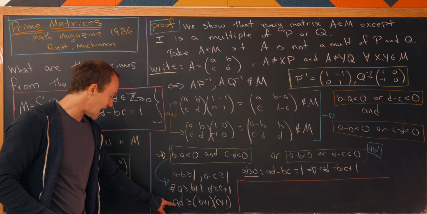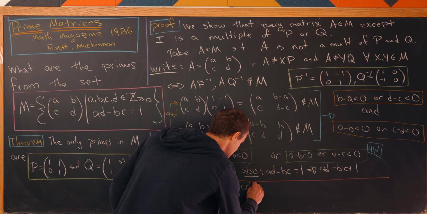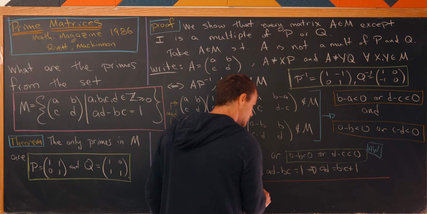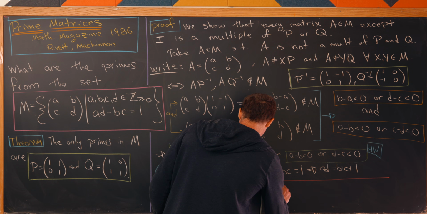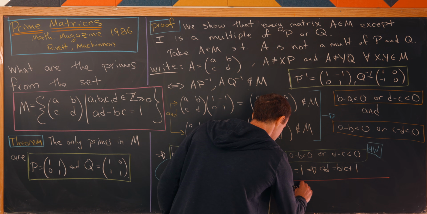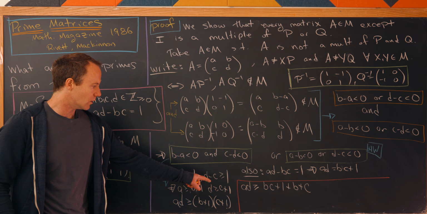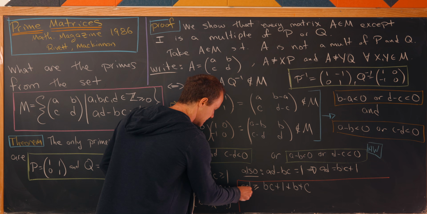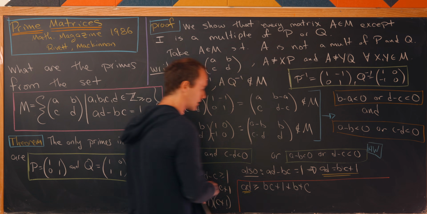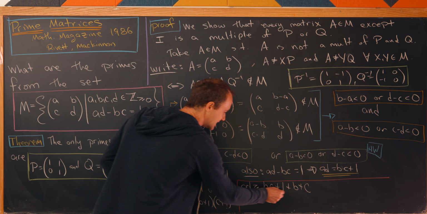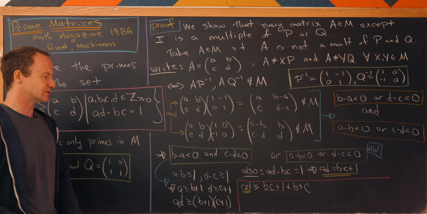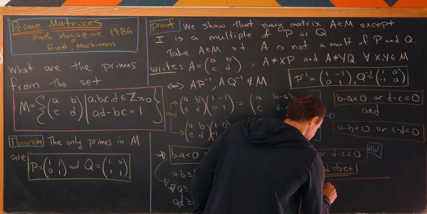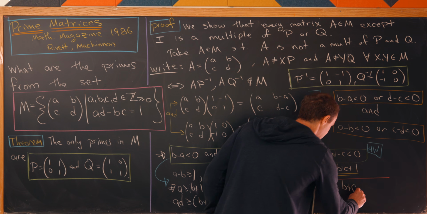We've got AD must be bigger than or equal to B plus 1 times C plus 1, but we can multiply that out to BC plus 1 plus B plus C. But notice that AD is the same thing as BC plus 1. So I'll underline that here and here. But we've got this BC plus 1 over here on the right-hand side as well, so those can cancel. So that gives us the equation 0 is bigger than or equal to B plus C.